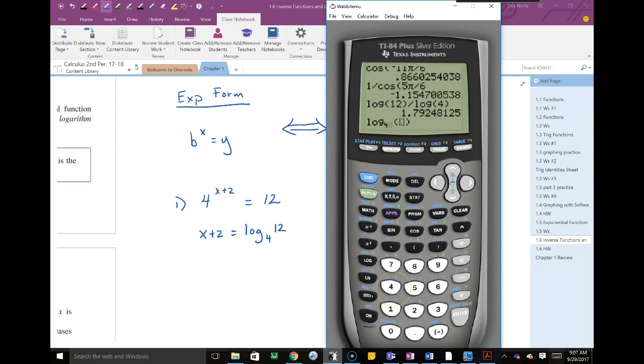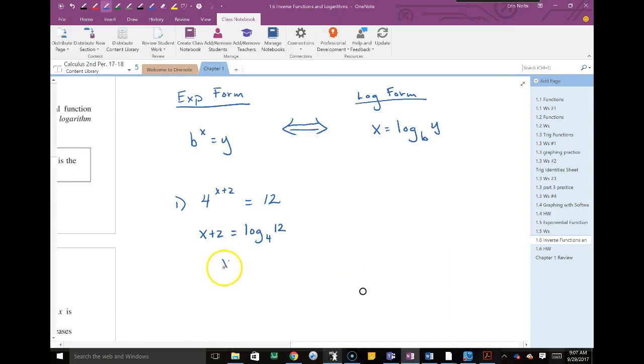So we can type it in as log base 4 of 12, and we should get the exact same value. Whatever way floats your boat, you're going to get to the same spot. What's your last step in solving for the x? Subtract 2. So if we just hit minus 2, we find that our x value is negative 0.207.